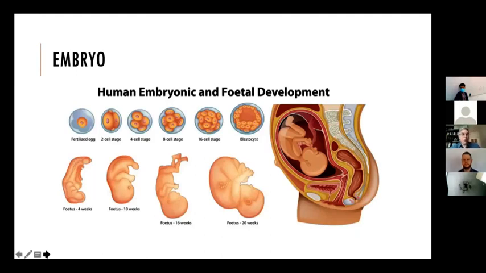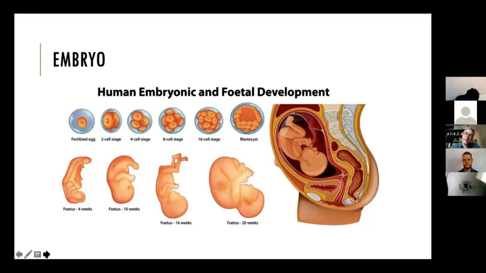All right. So what we can see here is actually different views on when the embryo becomes a person. The embryo is always human, right? Right from the beginning, from the moment that there are a few cells, it's a human embryo, and it's actually alive.